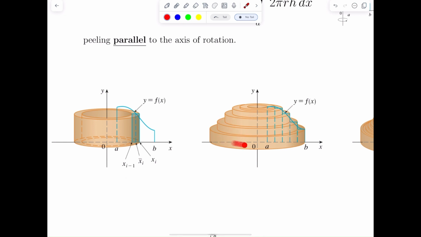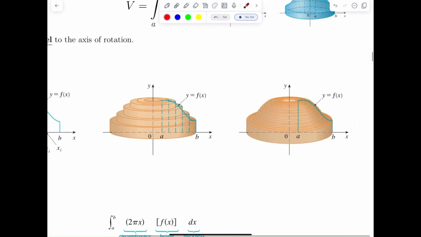And if you look, what are each of these layers that we're peeling or unrolling from the solid? It's a cylindrical shell. It's a cylinder, okay? And just like in the previous method when we did discs and washers, if you sum up a bunch of areas, that will give you the volume of the solid. So we need to sum up the area of each of these cylindrical shells.